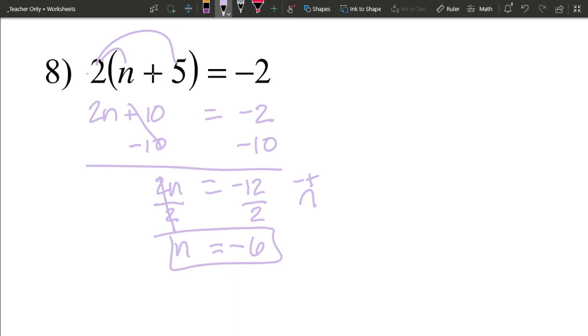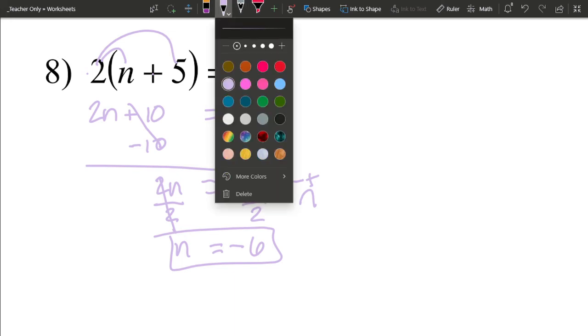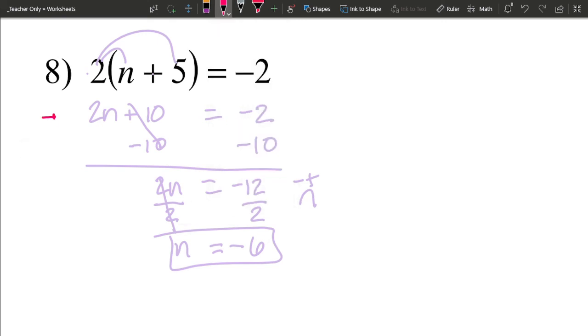Okay? Now the other way that I did on the previous problem is going to be like this. I'm just going to rewrite the question starting right here. So I have 2n plus 10 equals to -2. Okay? And instead of doing this step and this step, I'm just going to do it kind of in my head. Okay? This is what I'm going to do now.